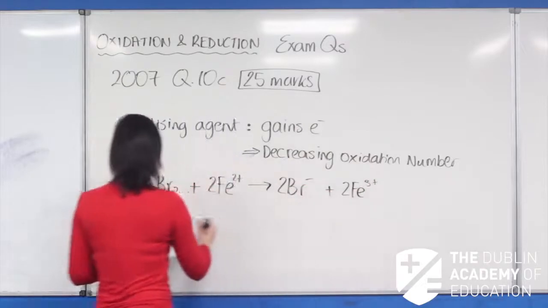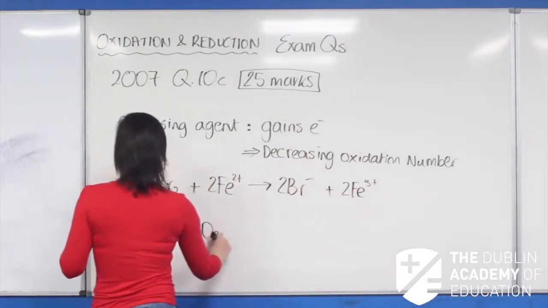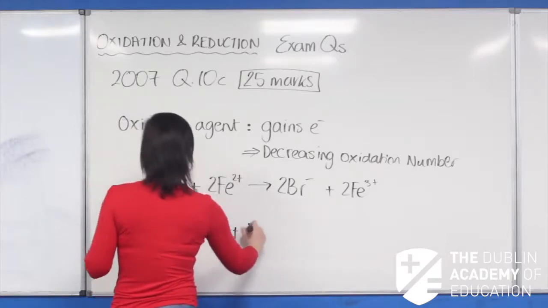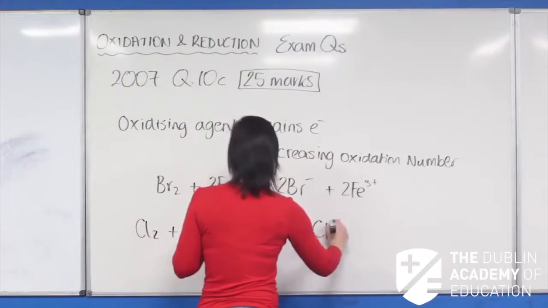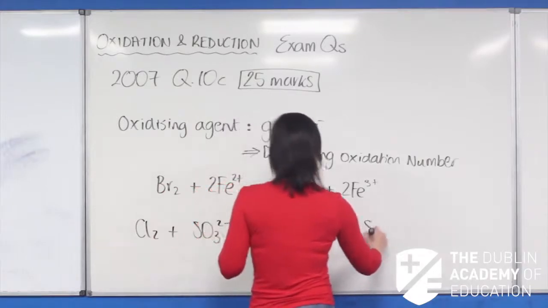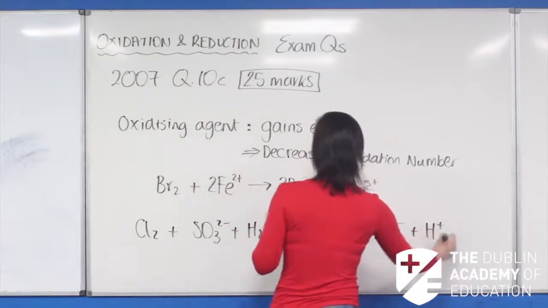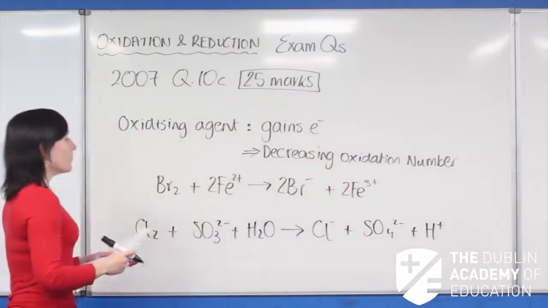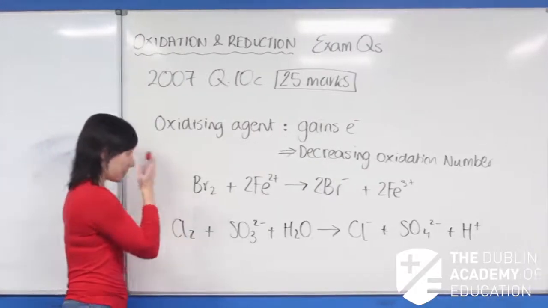Okay, and then our second equation, we have chlorine plus the sulfite ion plus water gives us chloride plus the sulfate ion. Okay, so we now have to assign oxidation numbers across these 2 equations.